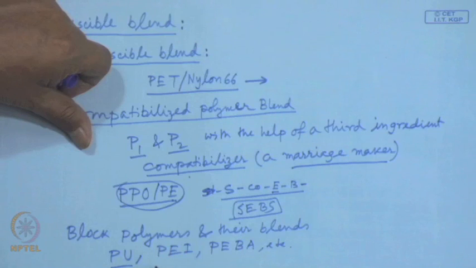That is why they are known as macro segments. So, that is known as block polymers and their blends.